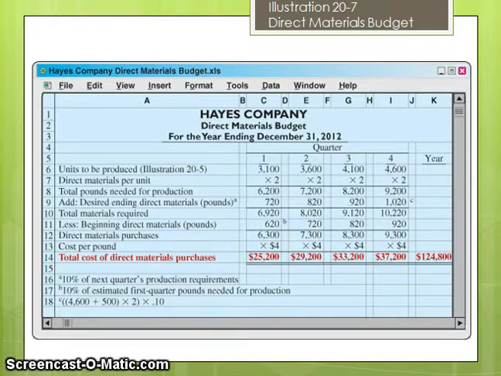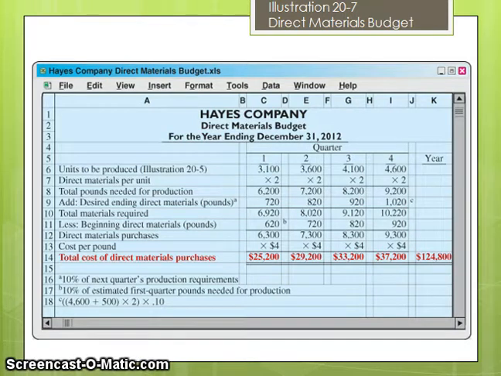But again, what if I want to keep some materials left over in ending inventory? Then I need to order more than 6,200. If I want 720 left over in the warehouse after I'm finished, then I need to add that in. So now I'm up to buying 6,920 pounds.